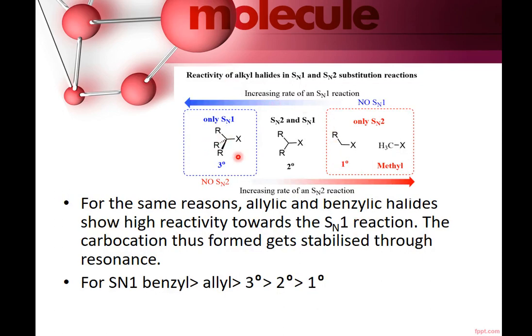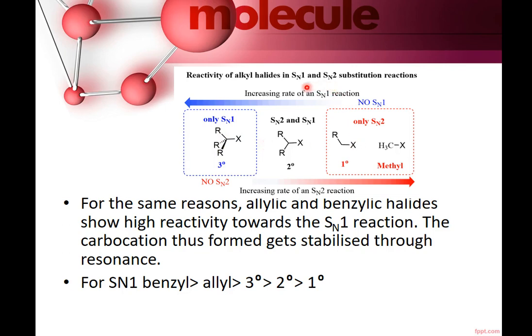So for SN2 reaction, as I have explained, the maximum reactivity is of primary and minimum is of tertiary. But for SN1 reaction, tertiary alkyl halides are most reactive, then secondary and then primary.